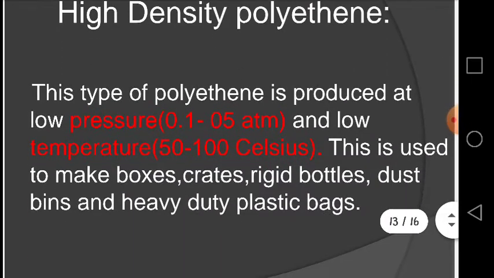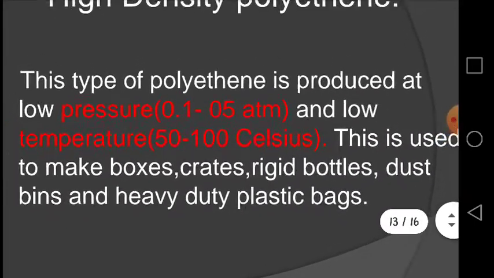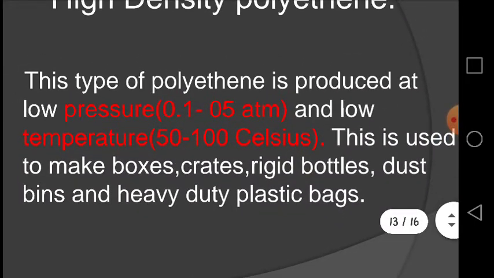For this purpose we use low pressure, which is 0.1 to 5 atmospheric pressure, and a low temperature of about 50 to 100 degrees Celsius. This is used to make boxes, crates, rigid bottles, dust bins and heavy duty plastic bags.